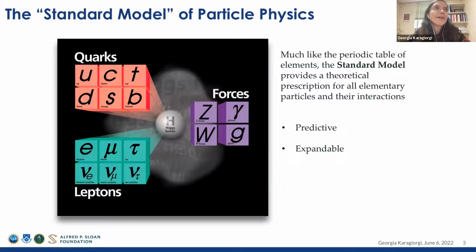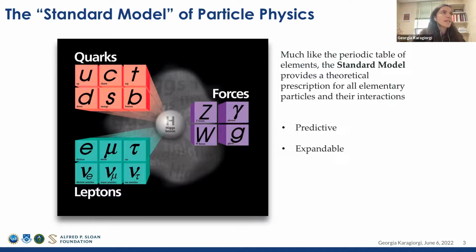So in particle physics, which is this field that allows us to study the way that nature behaves at the smallest scales, we have a theoretical prescription that allows us, with very high accuracy and high precision, to predict particle behavior and nature's behavior, both at microscopic but also macroscopic scales. So this theory is very predictive and expandable.